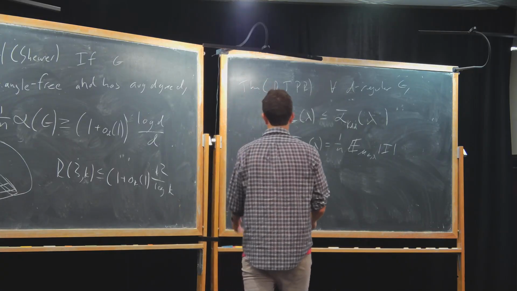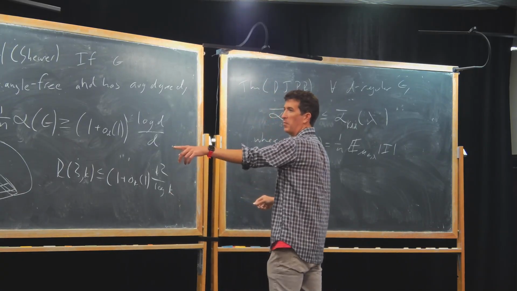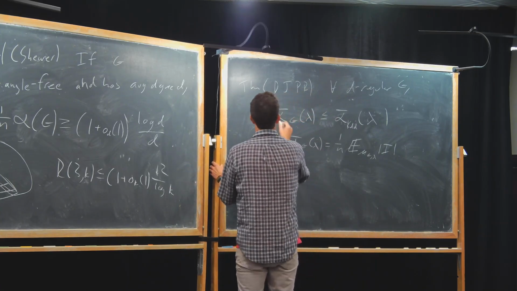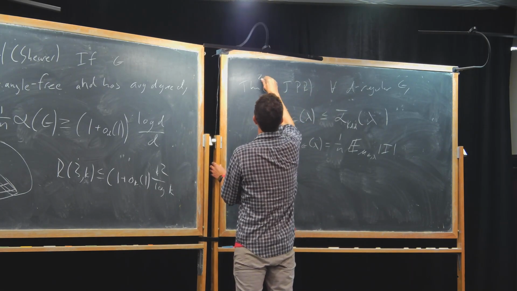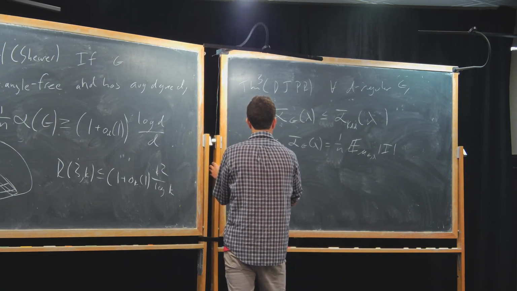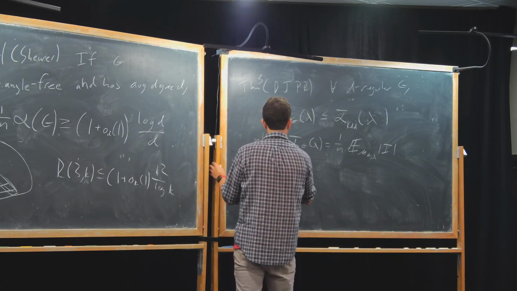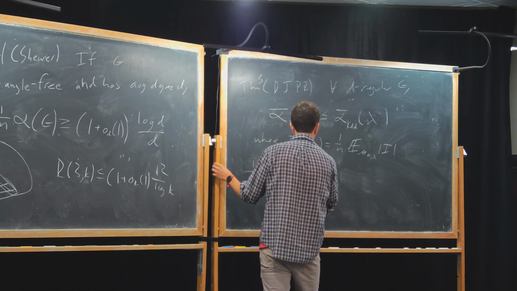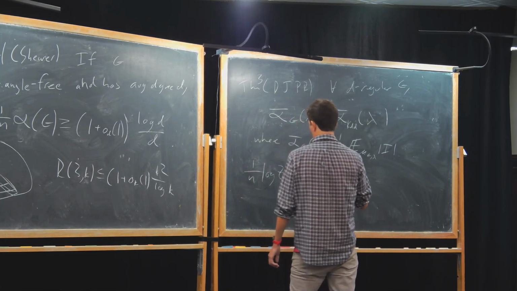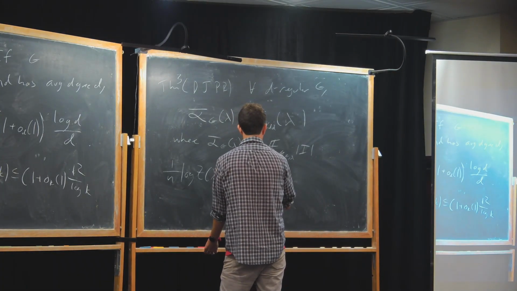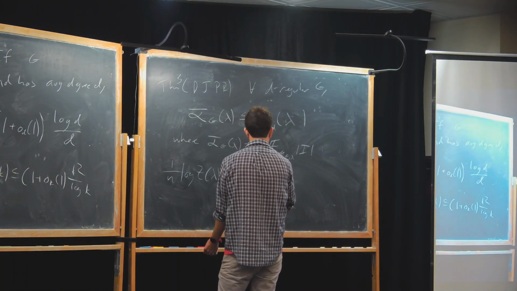So let's derive theorem 1 from this theorem. Maybe that's theorem 2, and this is theorem 3. 1 over n log Z of lambda is the integral from 0 to lambda of alpha bar G of t over t.